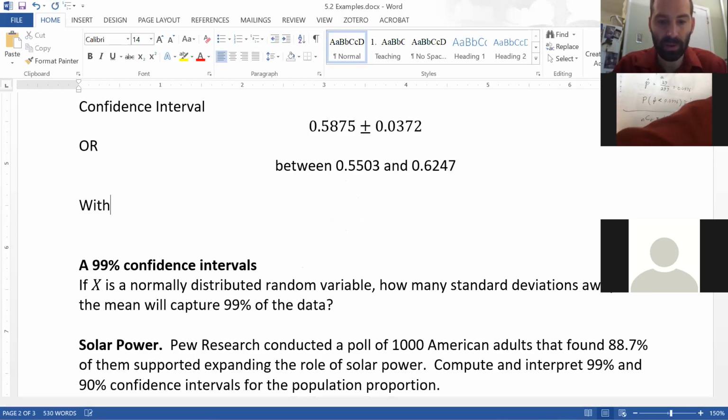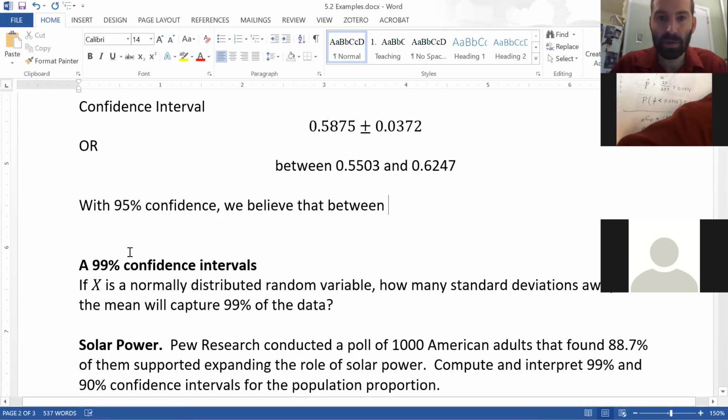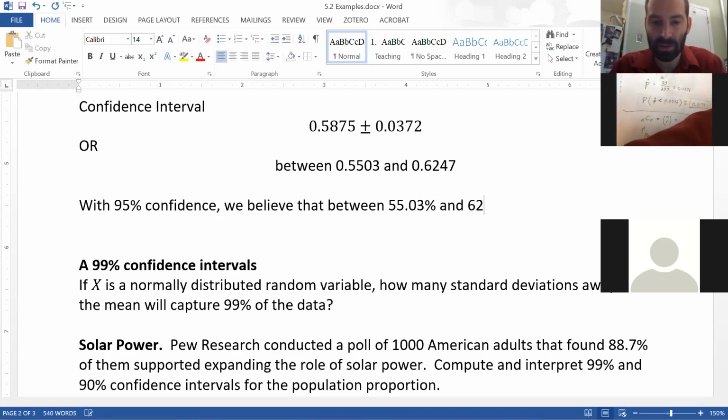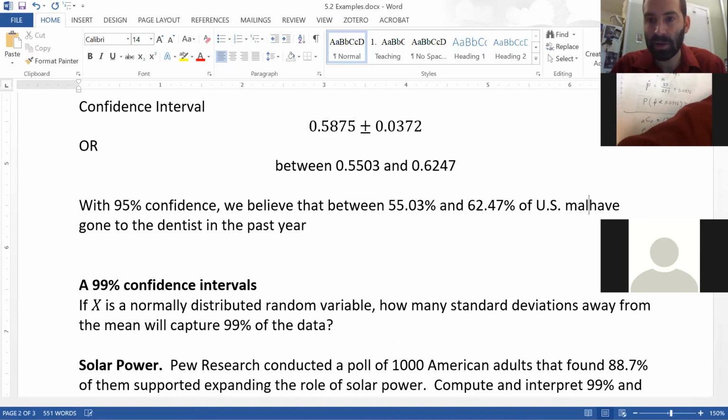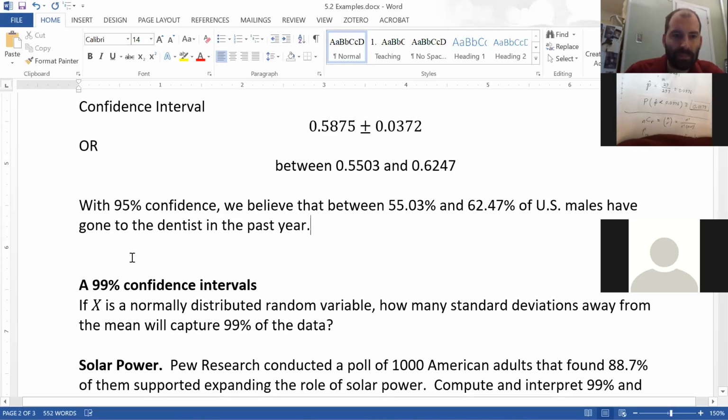So with 95% confidence, we believe that between, let's do these in percentages, 55.03% and 62.47% of US males have gone to the dentist in the past year. Okay. So there we go.